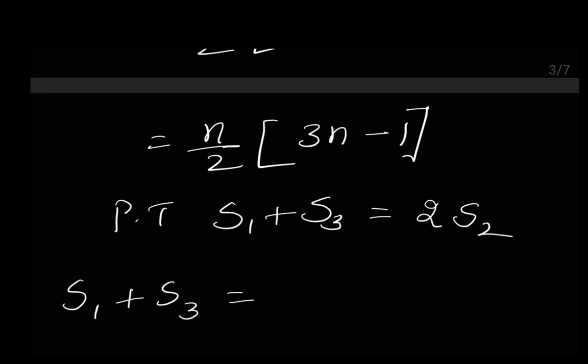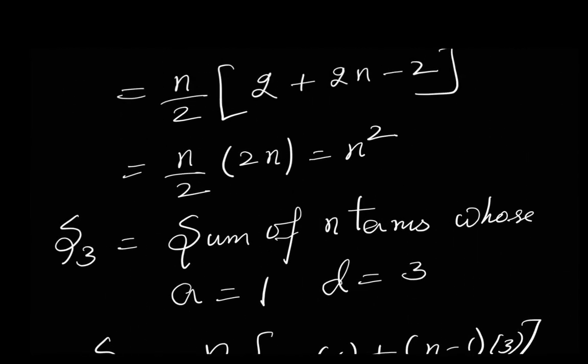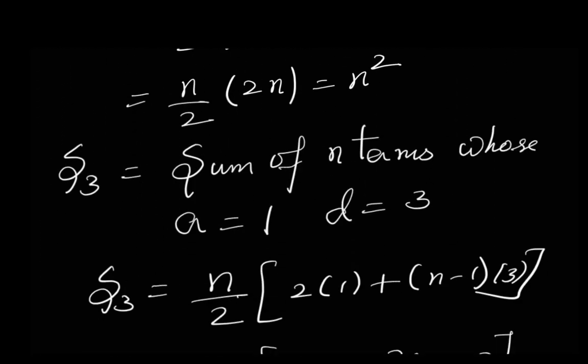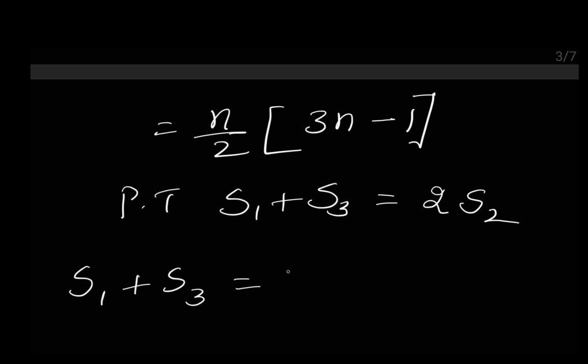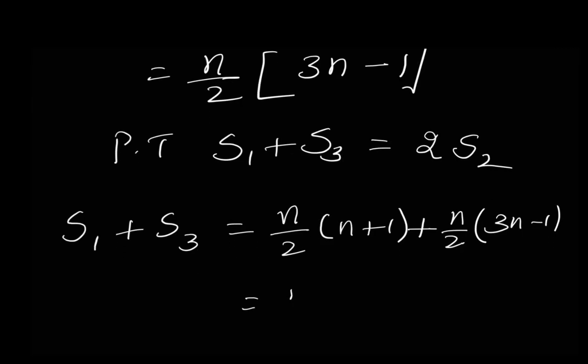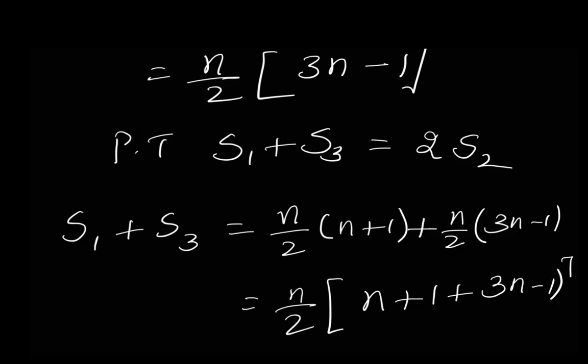See, S1 is here n by 2 into n plus 1, plus S3, n by 2 into 3n minus 1. Take n by 2 as common, n plus 1 plus 3n minus 1.